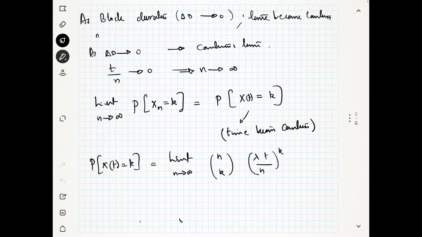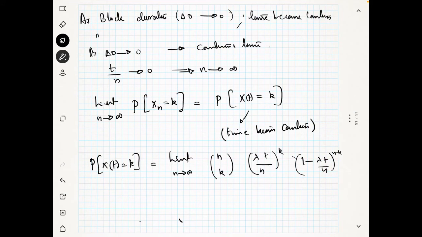So as the time becomes continuous, that means limit n tends to infinity, n choose k into lambda t by n whole raised to k into 1 minus lambda t by n the whole raised to n minus k. So I can write it like this.